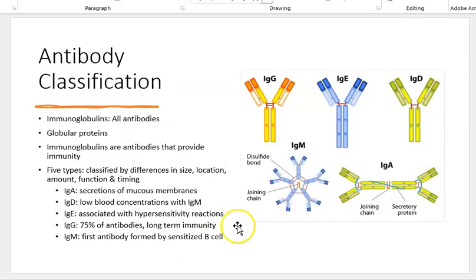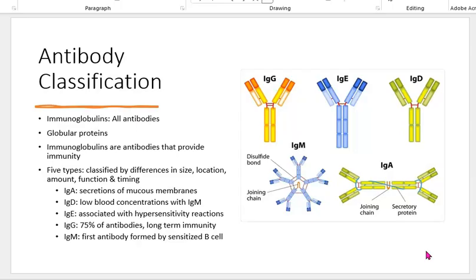That definition is important because now we're going to be talking about antibody classifications or immunoglobulins. These are all antibodies. They're globular proteins. They're antibodies that provide immunity. And there are several different types here.